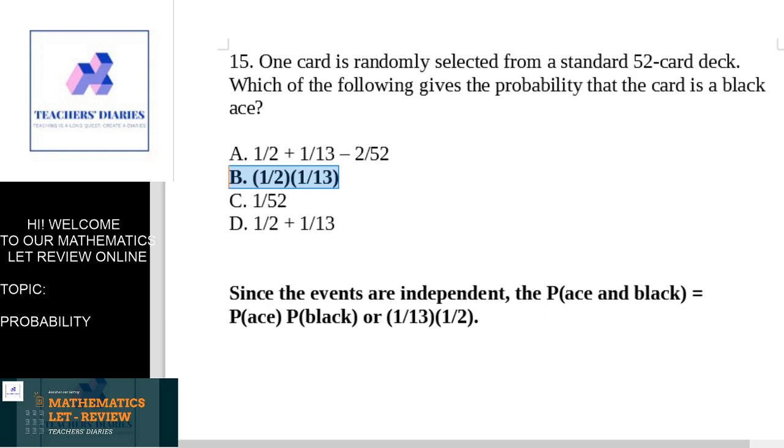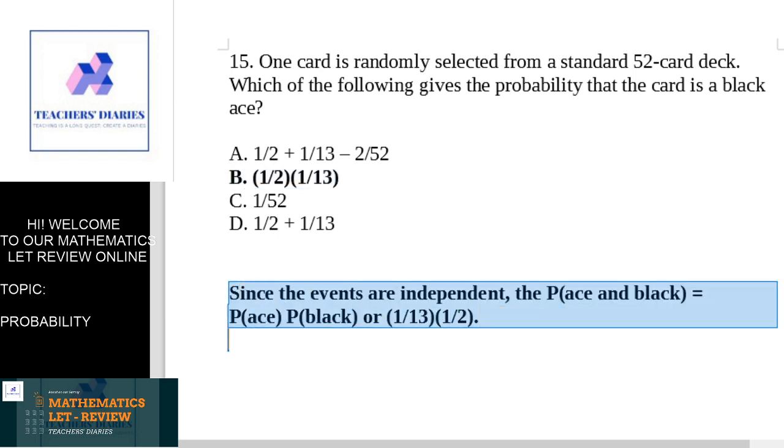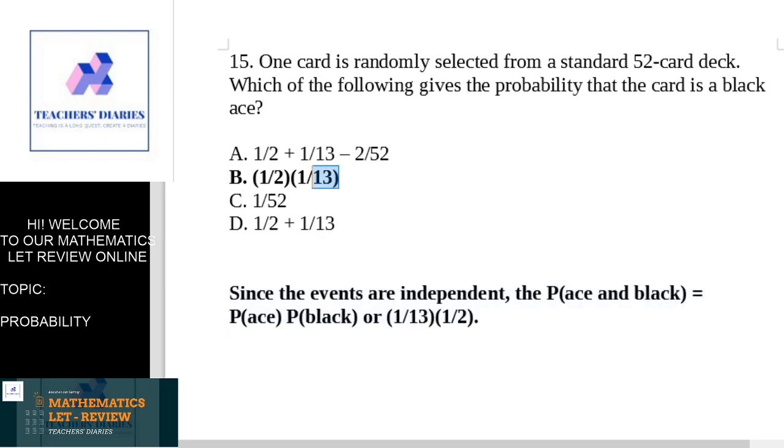The answer is letter B, since the events are independent, take note, it is independent. The P of ace and black will equal P of ace times P of black, or 1/13 times 1/2. It could be interchanged, 1/2 or 1/13, because it is multiplication.